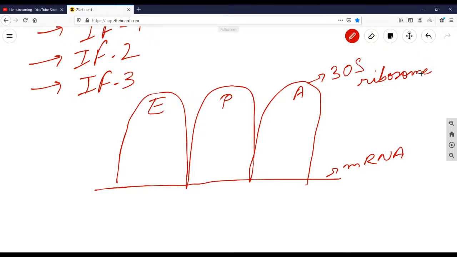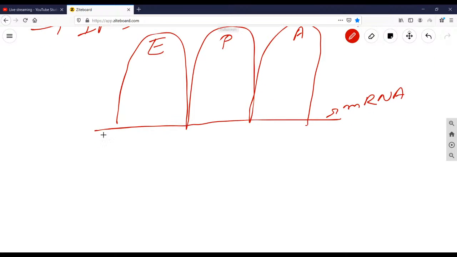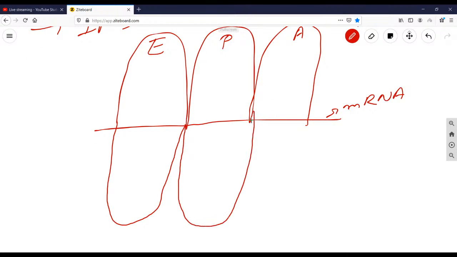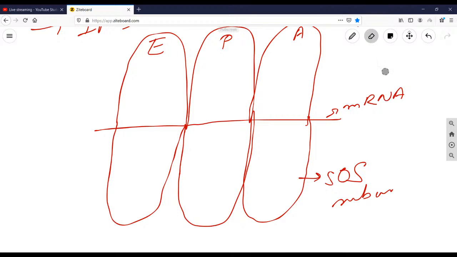Now in the very inception, the 30S subunit remains dissociated from the 50S subunit. Later on, during the elongation phase, the 50S subunit would come in and join with the 30S subunit. That's why I'm talking about the bacteria here, otherwise it would have been 60-40. 50S plus 30S then becomes a complete ribosome.